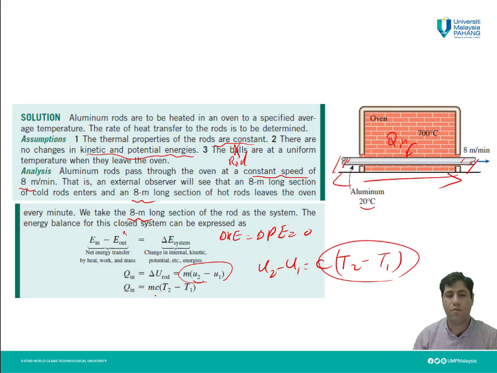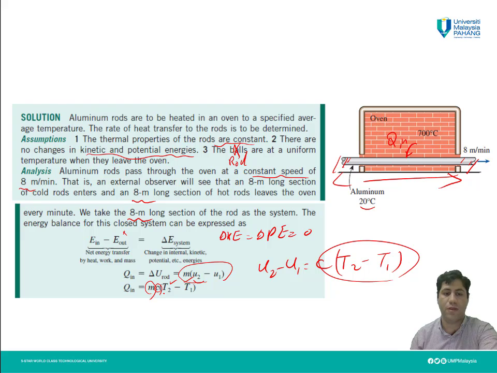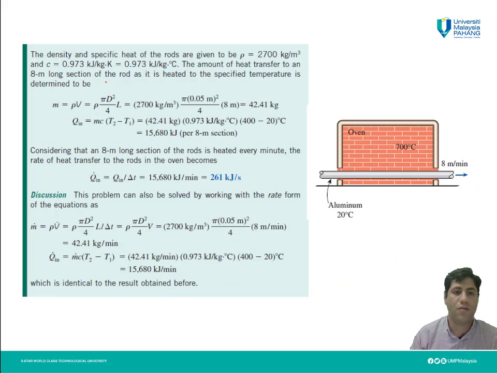Then Q in will be equal to m C times T2 minus T1. We have T2, we have T1. We need to calculate m, and we also need to find the specific heat. However, the specific heat for the aluminum rod is given. So we have C. It is given in terms of kilojoule per kilogram Kelvin. However, as I said, it is identical to kilojoule per kilogram degree Celsius.